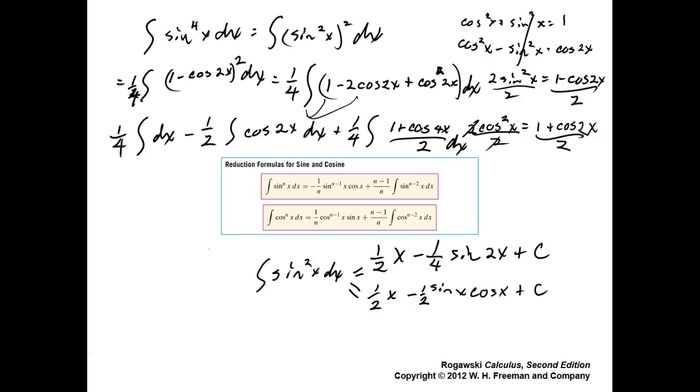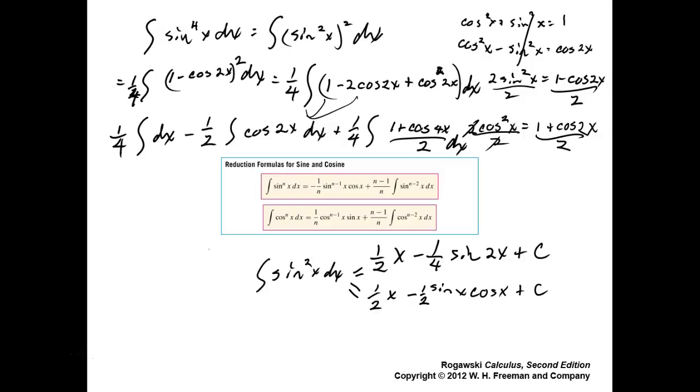You see, rewrite this as a u, okay? Cosine squared u is 1 plus cosine 2u over 2, okay? Now, what if the u was 2x? Then it would be 2x here and 2 times 2x here. That would be 4x.